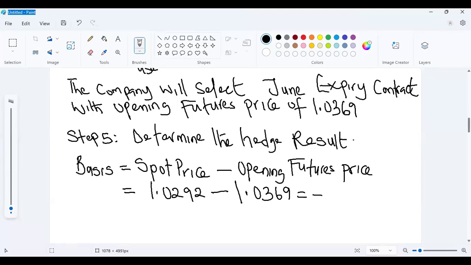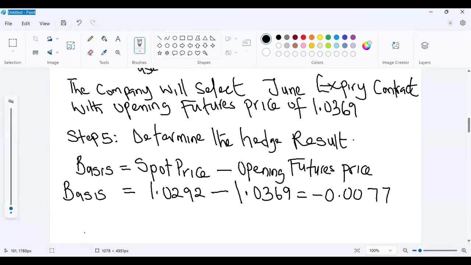You have negative 0.0077. This is your basis.